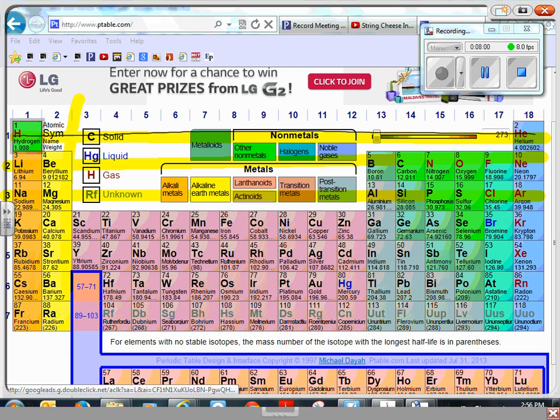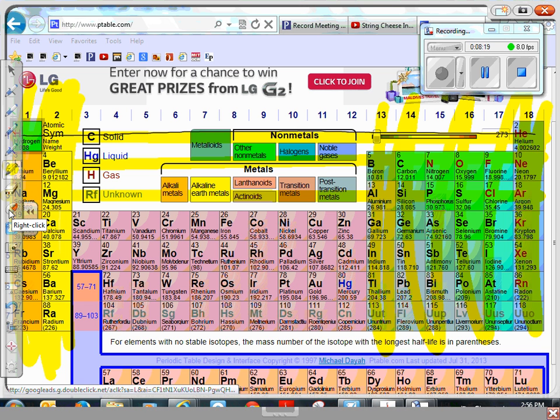parts of this table. These first 2 columns here are also referred to as families, up and down. And then these 6 columns over here. It's kind of hard to see without the colors, but right in here, including this stuff down here, with the exception of those things I highlighted in red, the rest of it is called the main block elements, or the normal block elements.